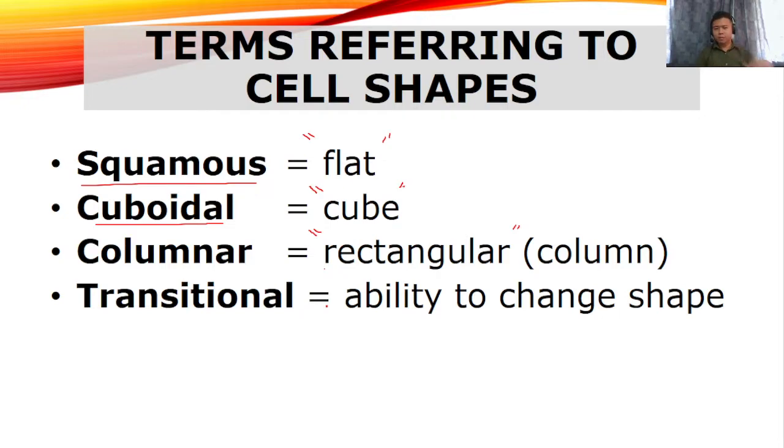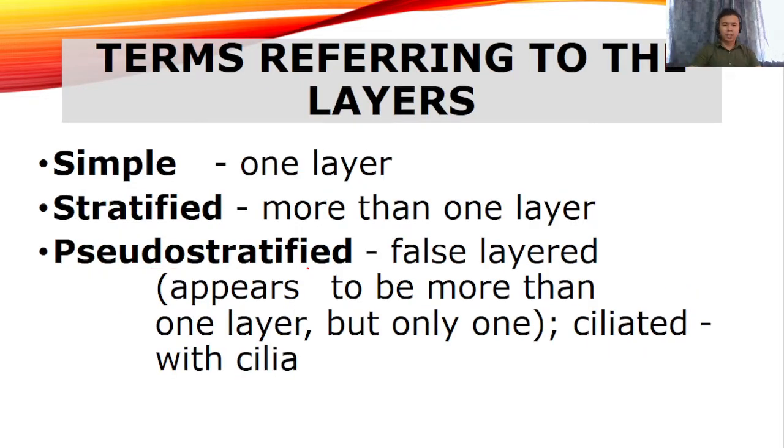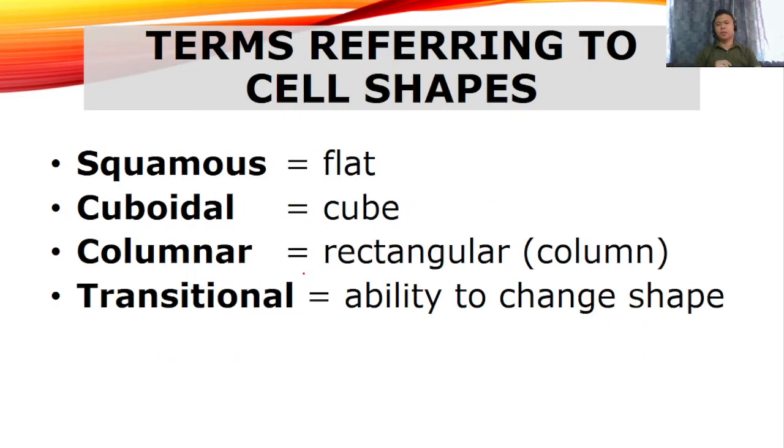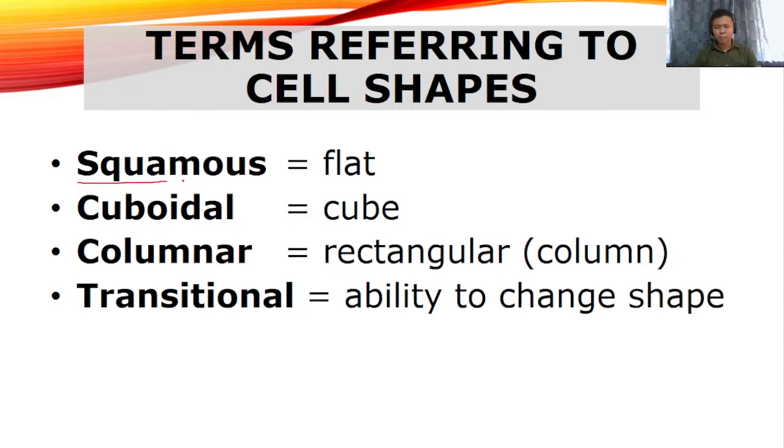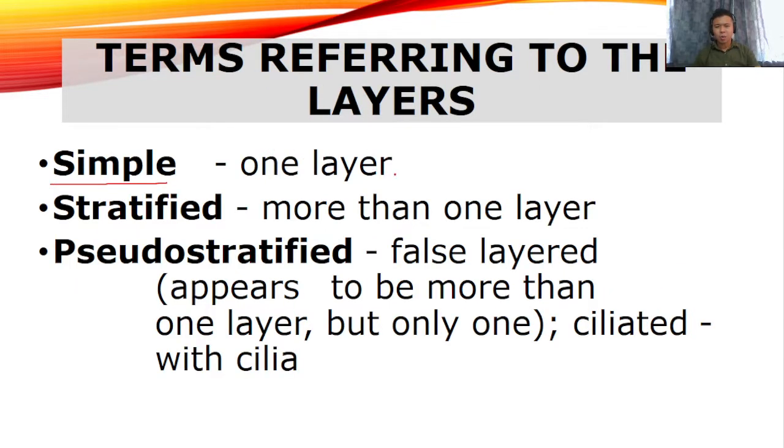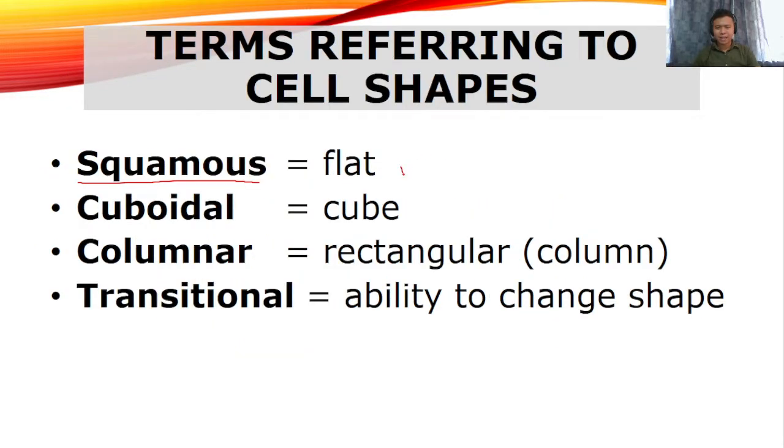Moving forward, here we have the combination of terms talking about layers and shapes. When you talk about simple and combine it with squamous, we have simple squamous, which means a one-layered tissue having flat cells.